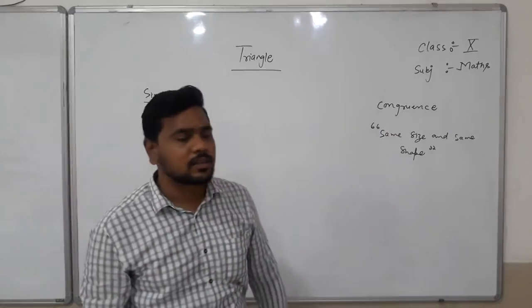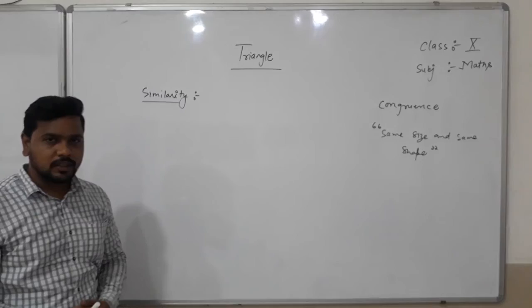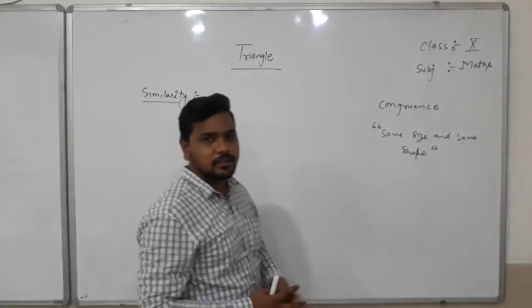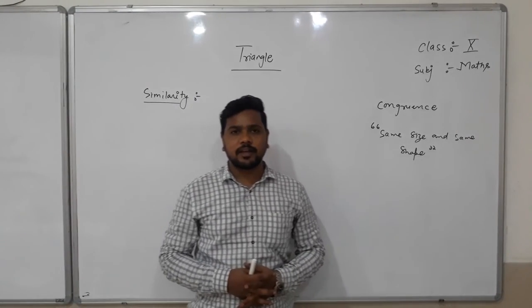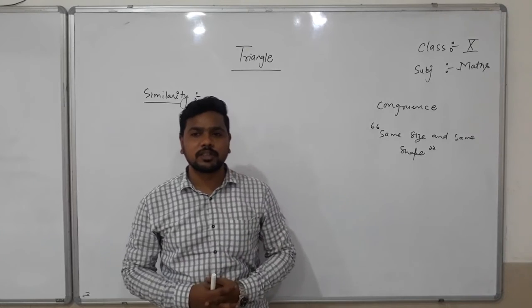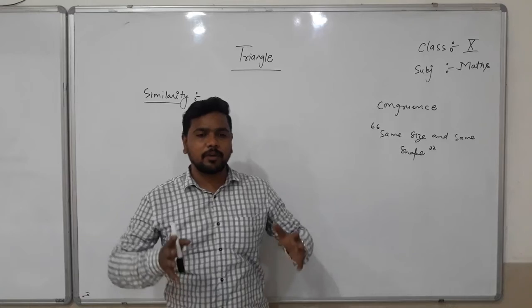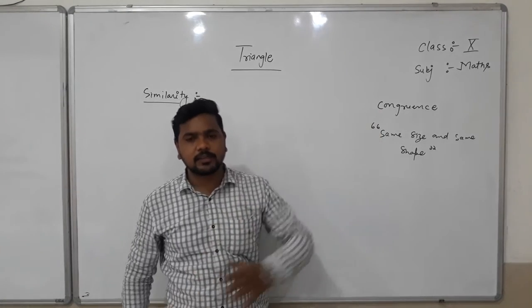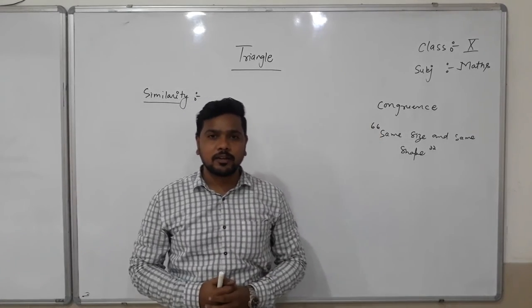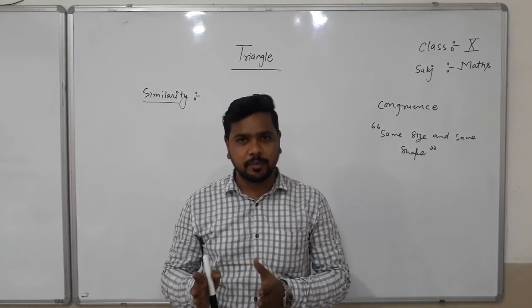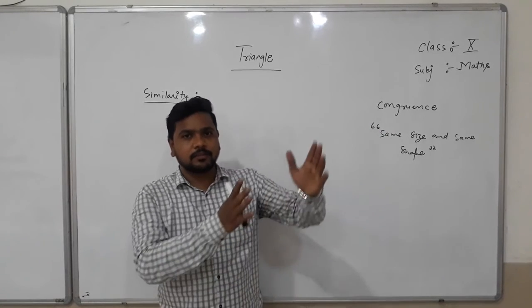Both are similar to each other. You have seen in serials and movies, in the Ramayana, the role of Hanumanji. Hanumanji can be very small, he can be normal, and he can be big. That is the similarity of shape. The shape is the same, but the sizes vary.